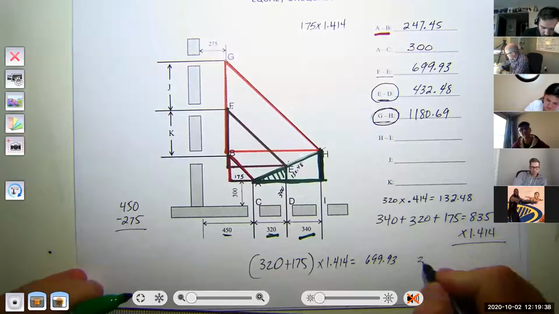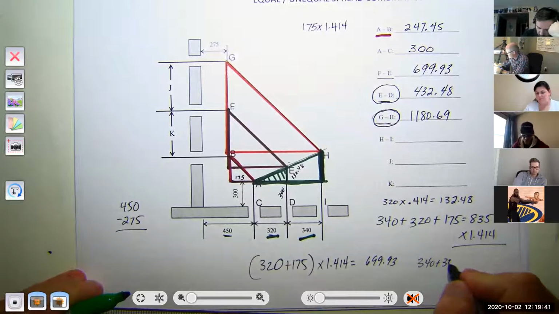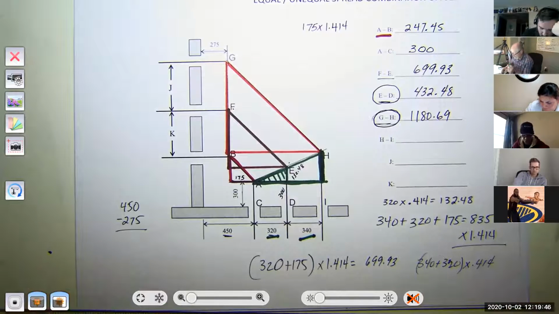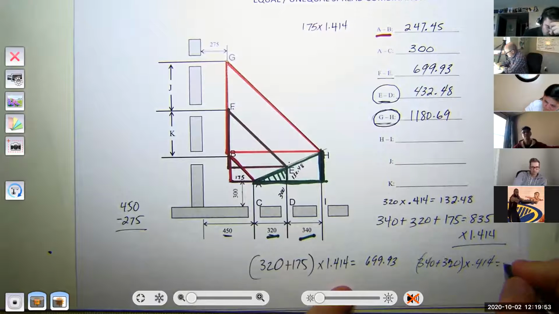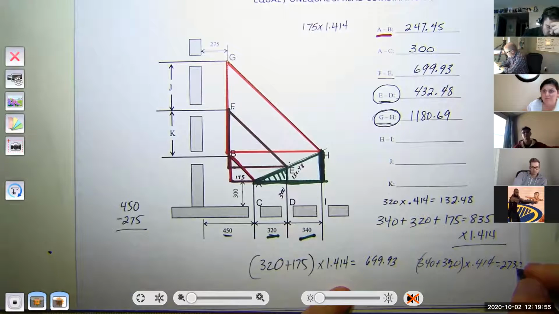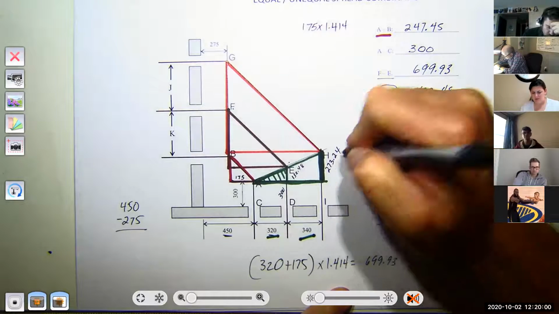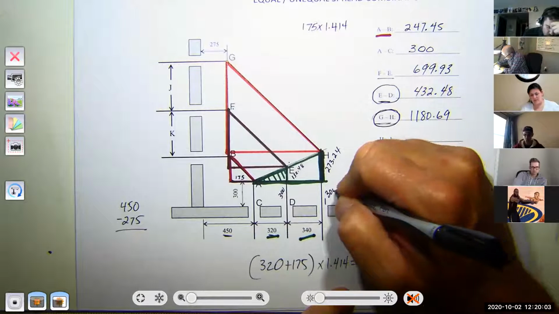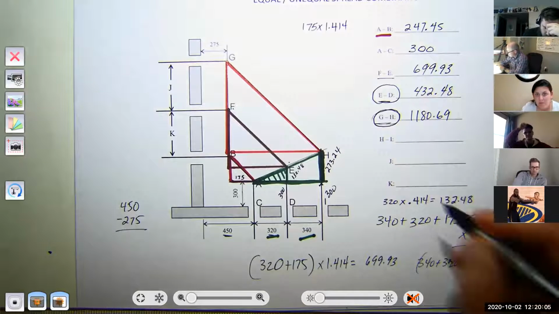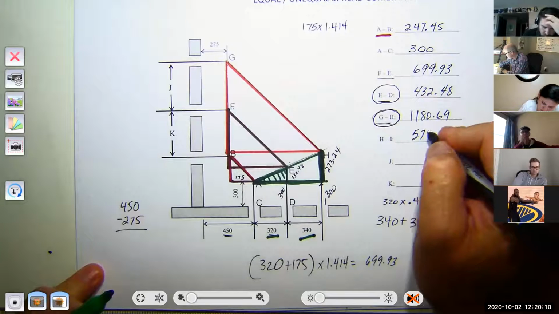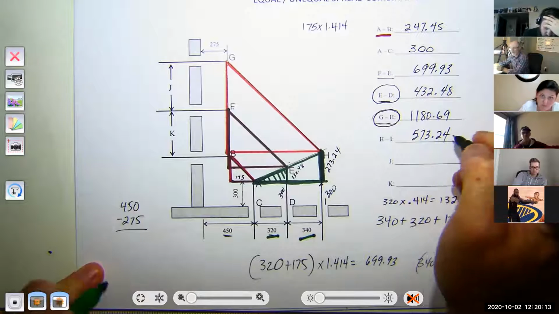So that's 340 plus 320 times 0.414. So this is 273.24. This is 273.24. And I add the 300 to it. So H to I is 573.24.